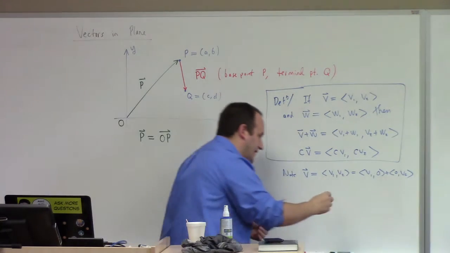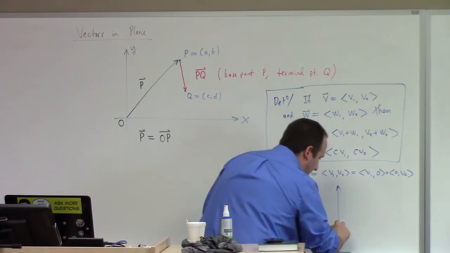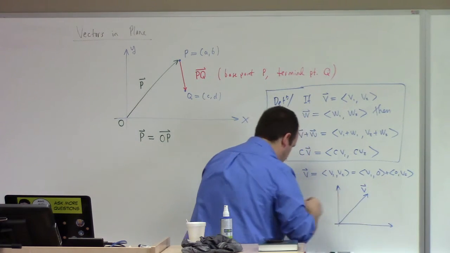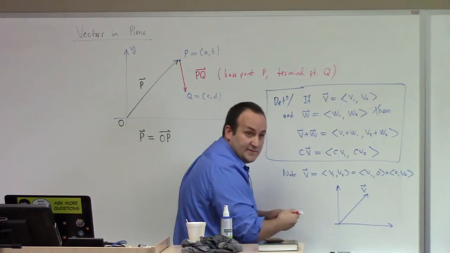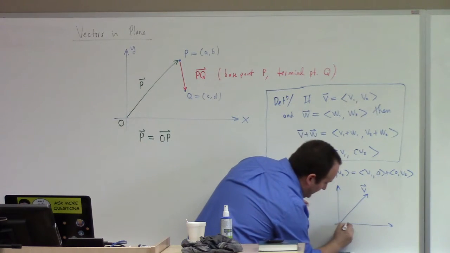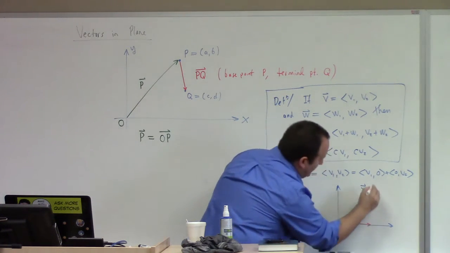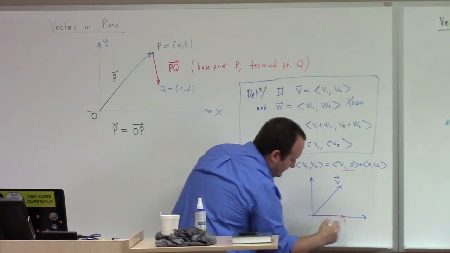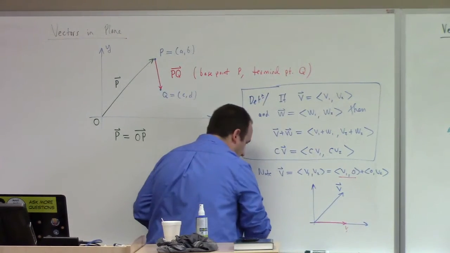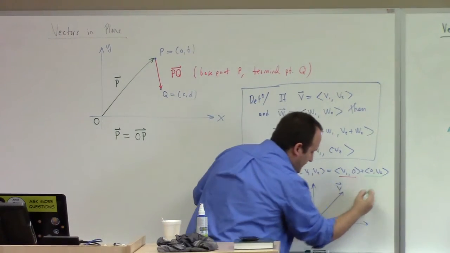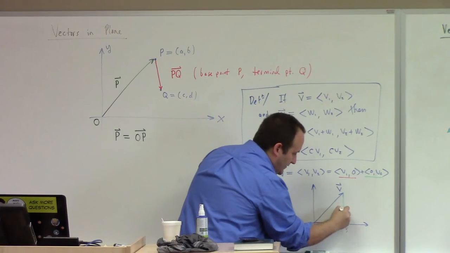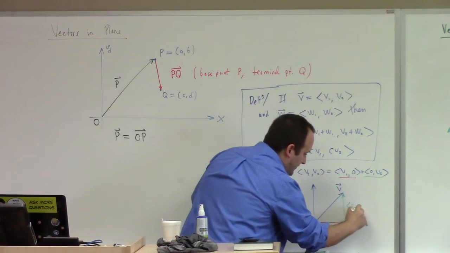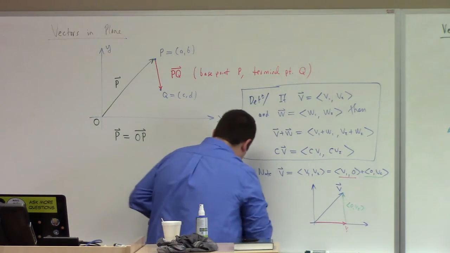The geometric side of that is picturing, here's my vector V, and I can picture it in terms of 2 pieces. I've got one vector down here that goes to the V1 in the x-coordinate, and then another piece over here, (0, V2), which is the y part of the vector.